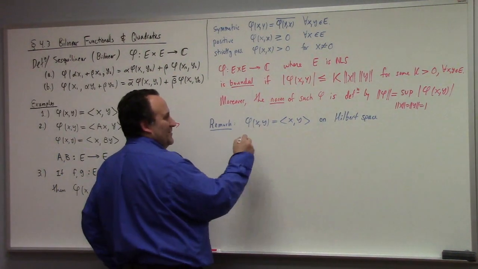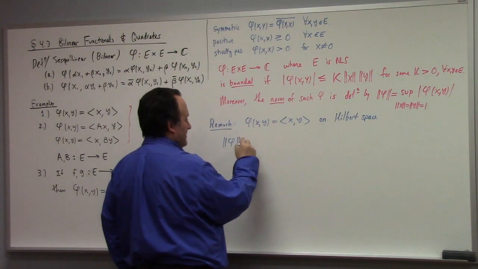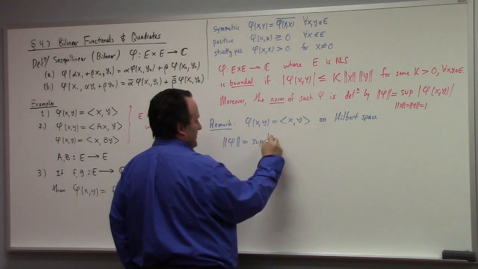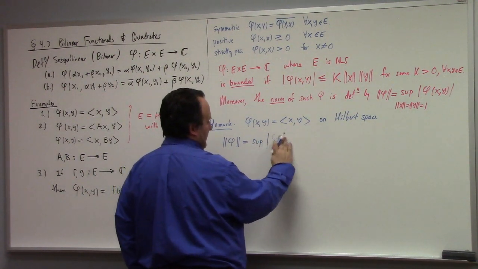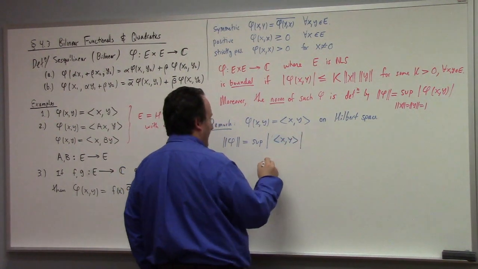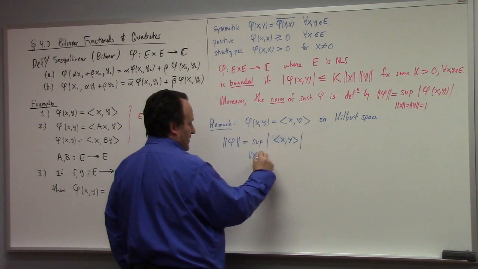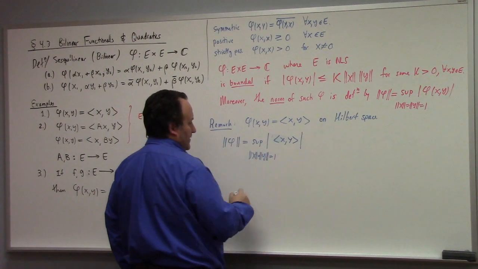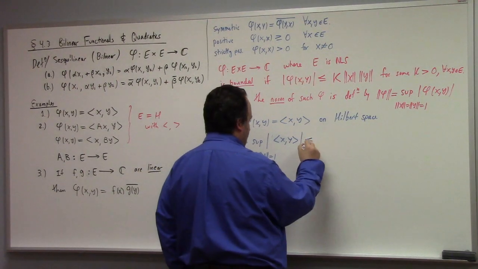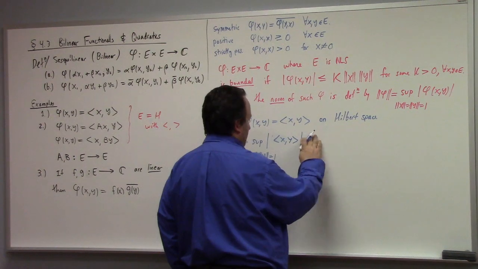What would the norm of phi be? So we're talking about the supremum of phi of x comma y, so let me just write it down. It's the supremum of the inner product of x, y, with norm of x, norm of y equal to 1. Of course, this is less than or equal to, well, certainly, let's see here.